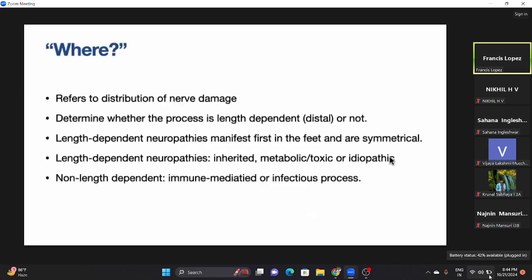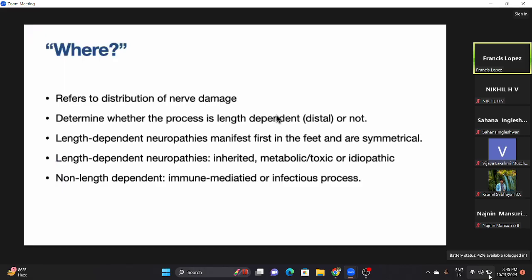Okay. And then after asking the what question, we now ask the where question, meaning the distribution of the nerve damage. So we determine whether it's length dependent. When we say length dependent, the distal extremities are affected first, then the proximal extremities.